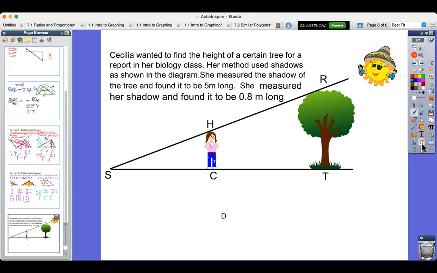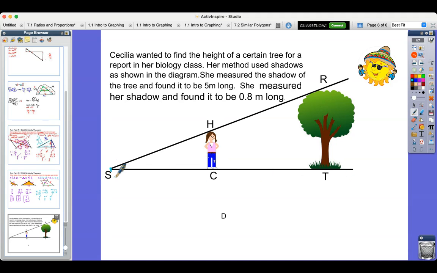All right. So hopefully you went through this and tried it out. So Cecilia here wants to find the height of a certain tree for a report in her English class. Her method is using the shadow as shown in the diagram. She's standing right here, her shadow's casting all the way over here, and the tree shadow also casts over here.